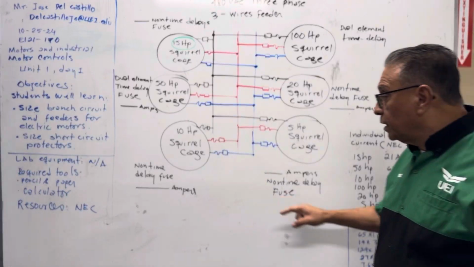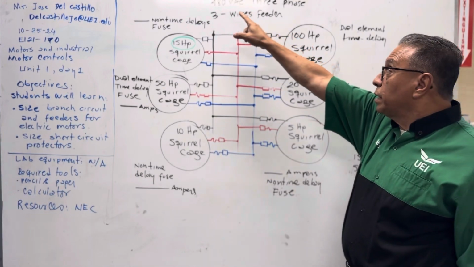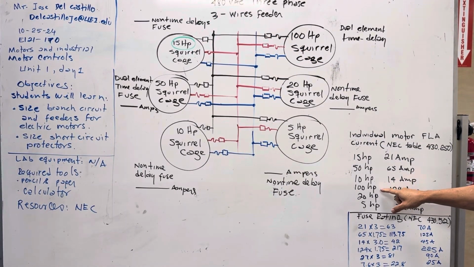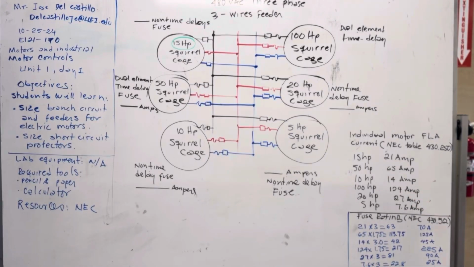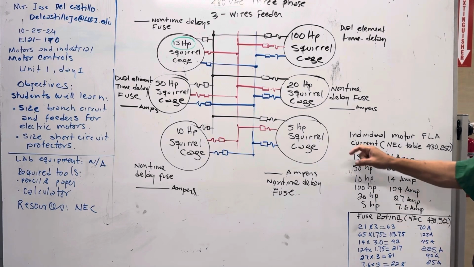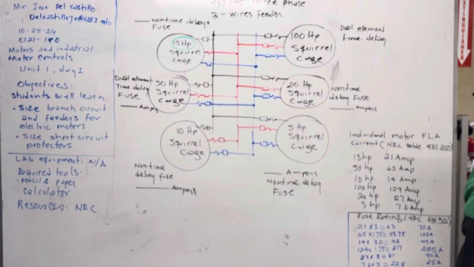For 10 horsepower, working with 480 volts, the full load ampacity will be 14. For 100 horsepower, the full load ampacity is 124. For 20 horsepower, the full load ampacity is 27. For 5 horsepower, it is 7.6.